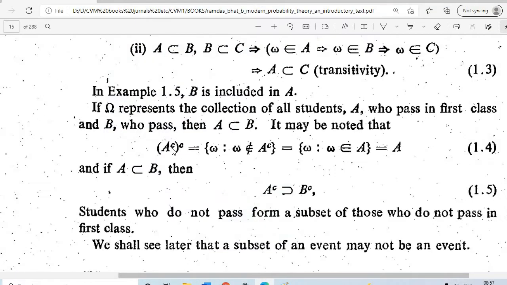So that is given here. A complement or complement is equal to the set of all omega such that omega does not belong to A complement.